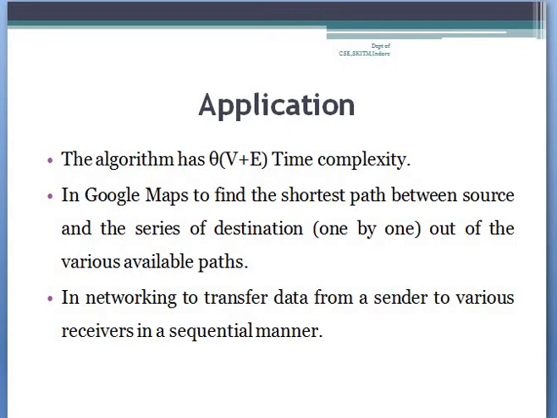If we are talking about the analysis of the multi-stage graph, this algorithm takes the order of V plus E time complexity. In Google Maps, if we have to find the shortest path between the source and a series of destinations out of the various paths available, that time we are using the multi-stage graph algorithm in order to find the shortest path between the source city and the destination city.